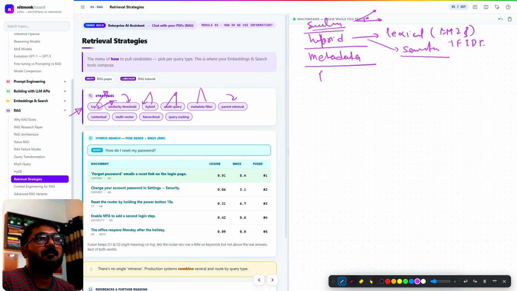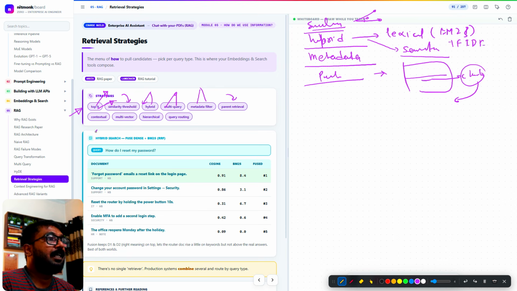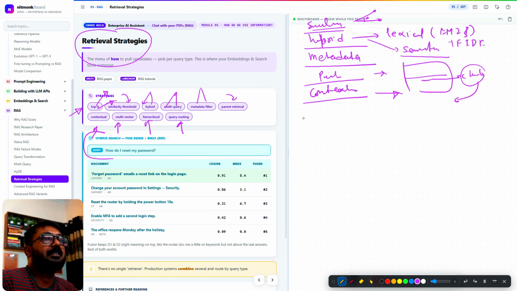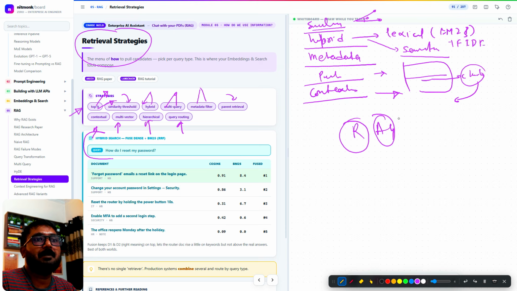There is parent retrieval. In parent retrieval, you do the complete chunking, you search for the child chunk and then retrieve the parent, which we have understood. Contextual retrieval, everything about context and chunking, we have learned. Multi-vector, hierarchical, query routing, all of these things we have learned. So these are the different retrieval strategies, and everything starts from RAG. First retrieval happens, then augmentation happens, then generation happens. Correct? That is important.